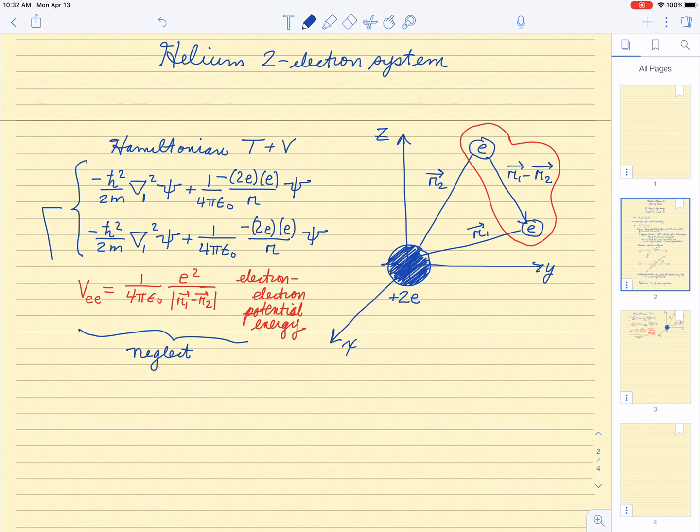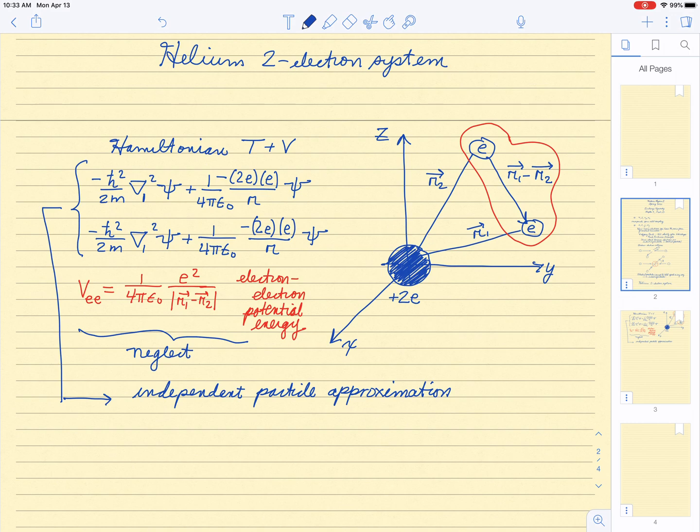And so we say that this is the independent particle approximation, again because it neglects the electron-electron interaction term.